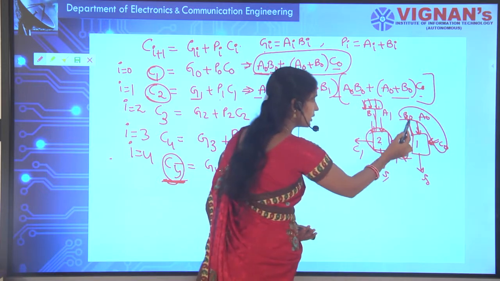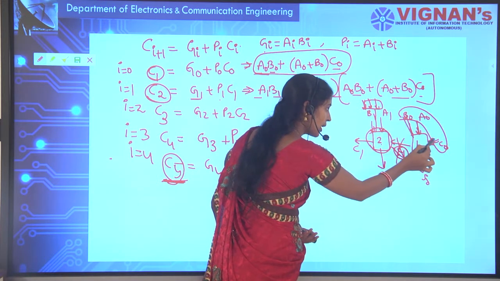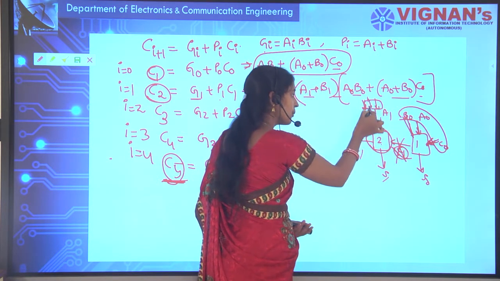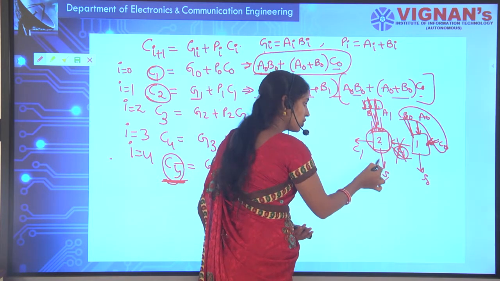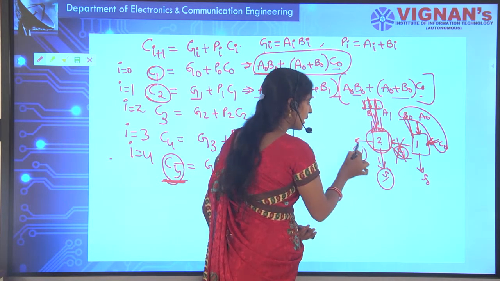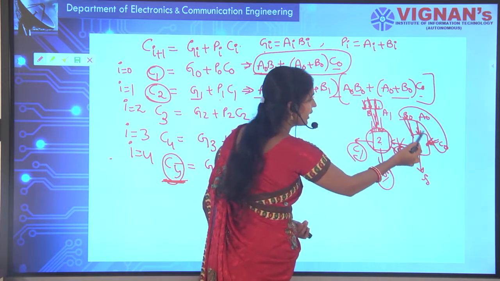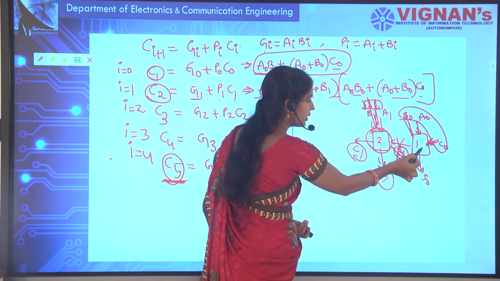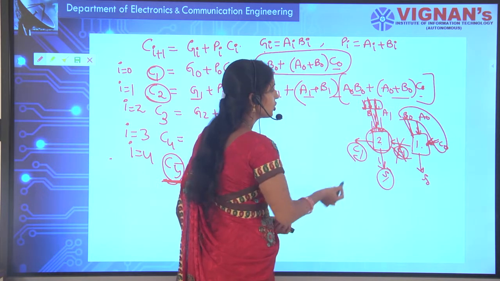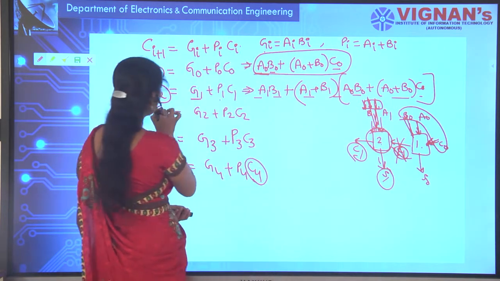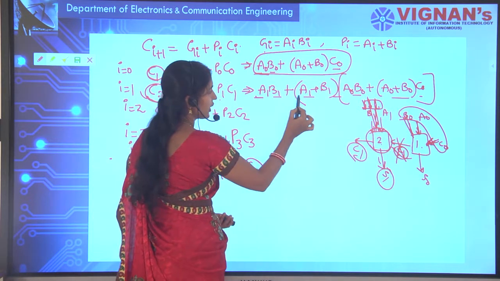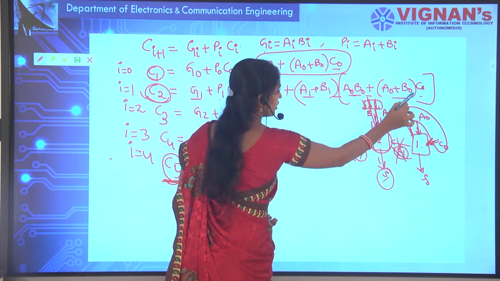All these 3 inputs simultaneously you are applying here, and in the same way simultaneously they will be provided to this, so you will be getting S1 and carry 1. So it need not wait for the carry to be generated from here and propagate to here. So if you see here, C2 is generated with the help of A1, B1, A0, B0 and C0.